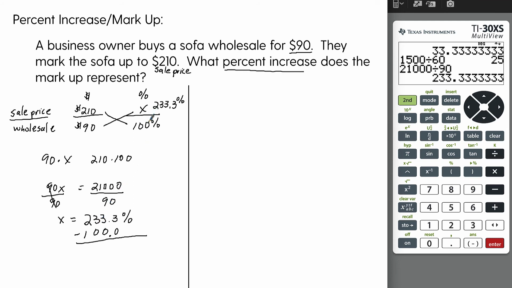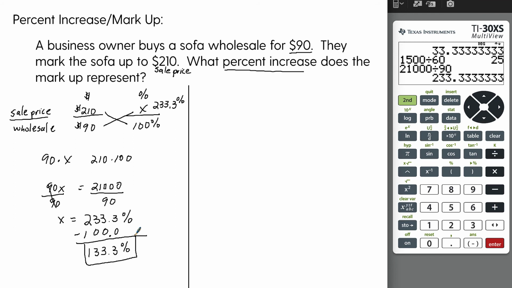Because we want the percent increase, not the percentage relative to the wholesale price. That's 233. We want the percent increase, which is going to be 133.3%. Okay? That's our answer. That's the percent increase. And these are why these problems are tricky.